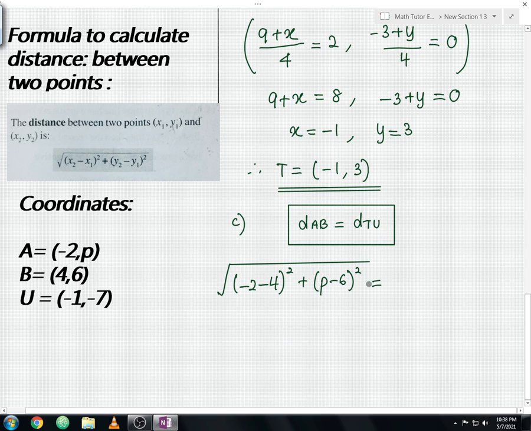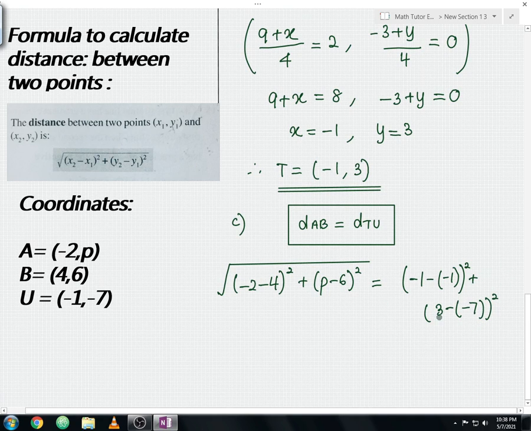TU over here. Let us begin with the x coordinate. Negative 1 minus negative 1, the bracket squared, and then plus 3 minus negative 7 squared.